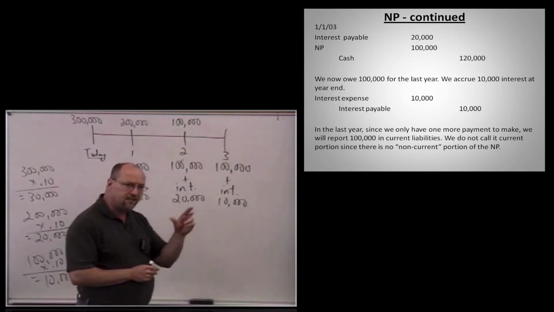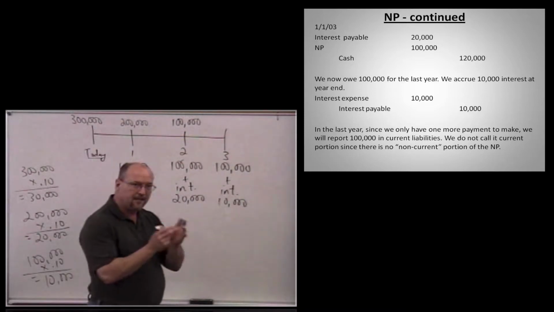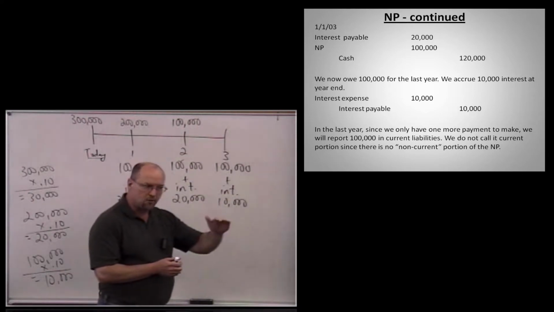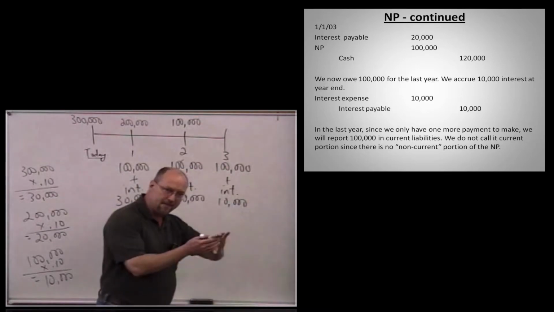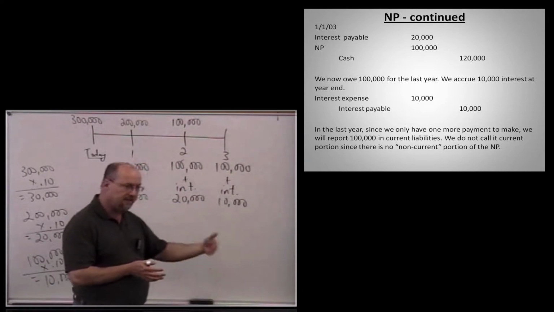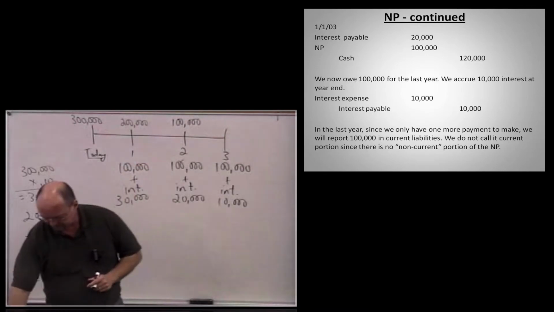As a result, I don't have to say note payable current portion. I simply owe one more payment of $100,000. I'm going to pay it tomorrow. And so in the current liability section, note payable, $100,000. Don't say current portion, because that makes reference to a non-current portion, and we don't have a non-current portion. And on the income statement, I would report $10,000 of interest expense.